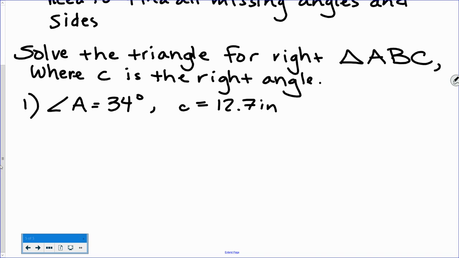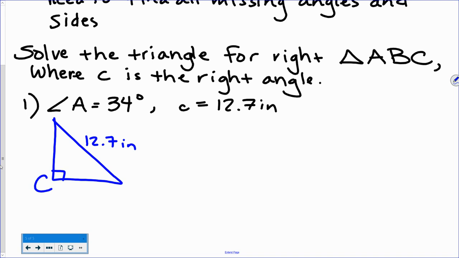So when I go to sketch this triangle, they already told me it's a right triangle, so that's angle C. The side length across from the right angle needs to be little c, and that's in inches.